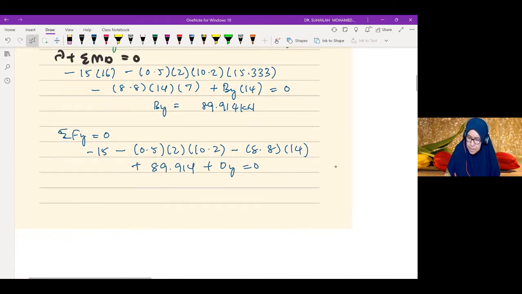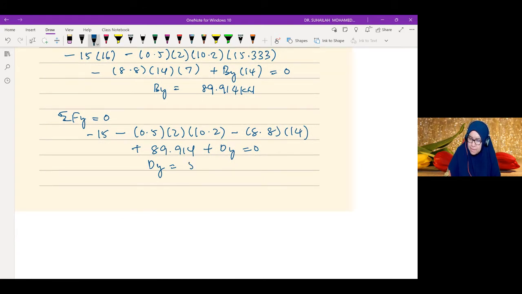So we get DY equal to negative 15 minus 0.5 times 2 times 10.2 minus 8.8 times 14 plus 89.914, which gives DY equal to 58.486 kilonewton.